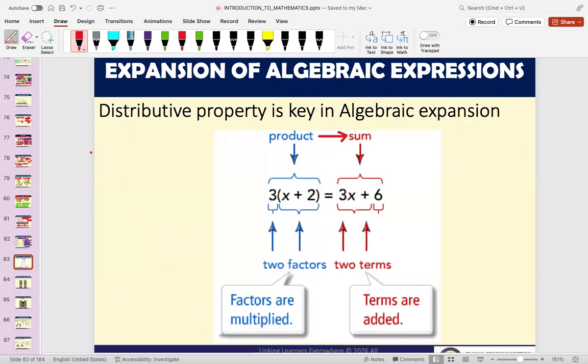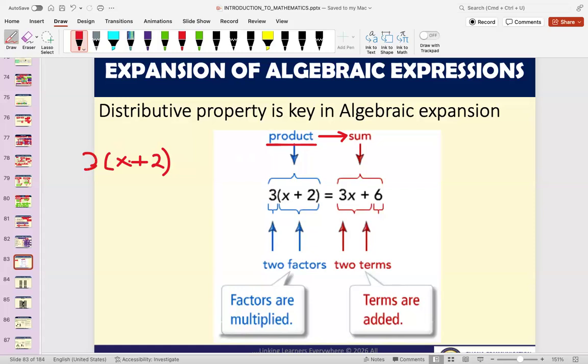If you have 3 into x plus 2, this is complex. You have to release them. You can't call this one a complete term because you need to expand. In this form, it is in the multiplication form. That's the product. But if you want to change it to the sum, you need to expand.